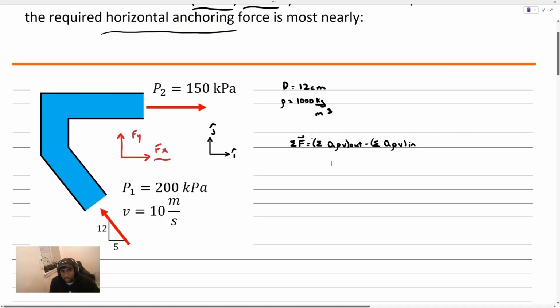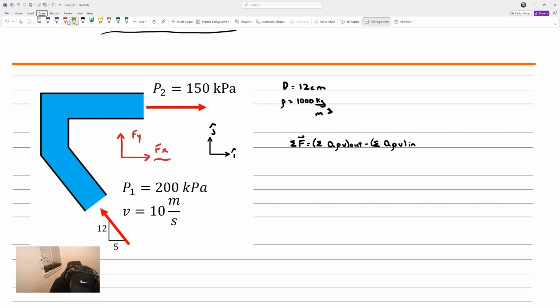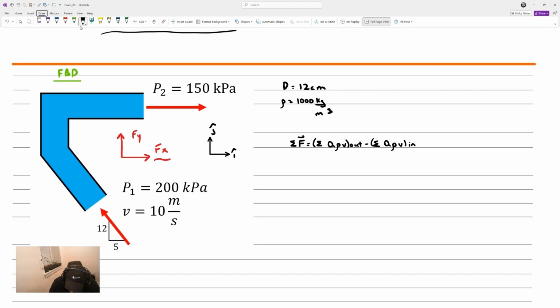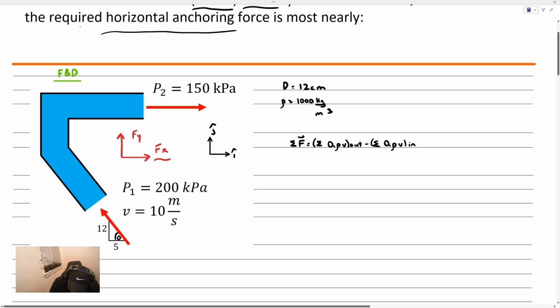Now, the next thing that we need to think about is drawing the free body diagram for the system. That's how you always start these kind of problems. So we started off with those anchoring forces. Additionally, there's forces due to these pressure terms. I also see there's a slope triangle here on the bottom left. I always like to work in terms of thetas.